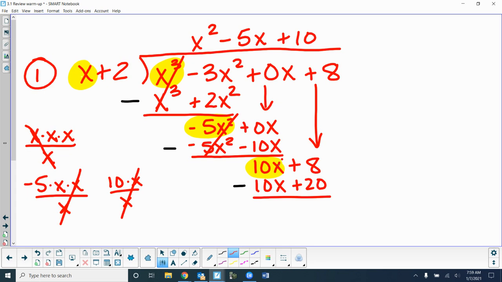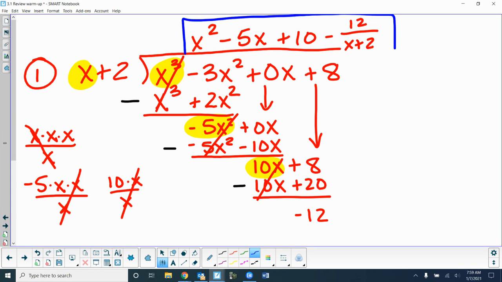Subtract. 10x's go away. 8 minus 20 is a negative 12. That's my remainder. So to finish off my answer, I put minus, since it was negative 12, so minus 12 over x plus 2. So this is the answer to that problem. Doing the long division.